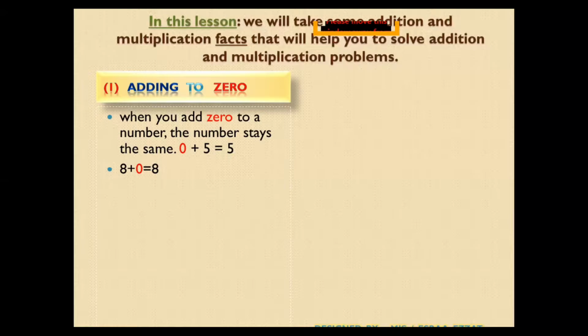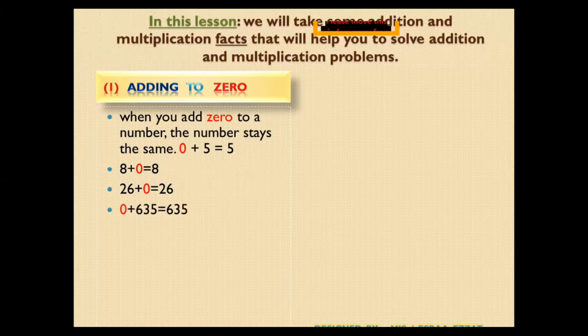Because when you add 0 to any number, this number stays the same. So 8 plus 0 equals 8. We have another example. 26 plus 0 equals 26. So when you add 0 to any number, this number stays the same.